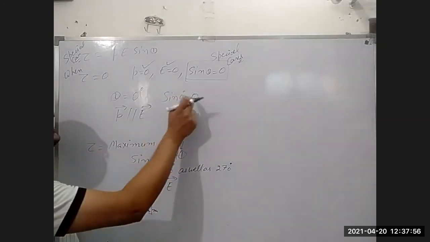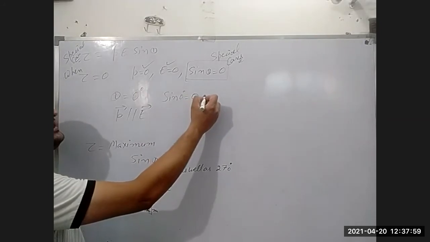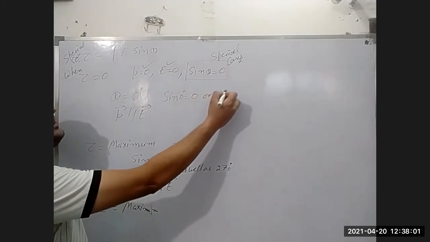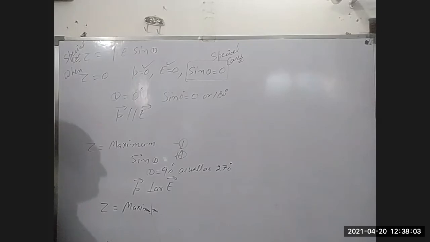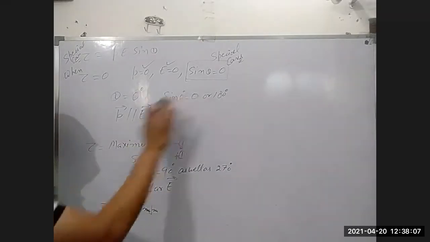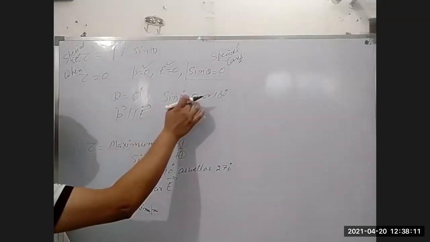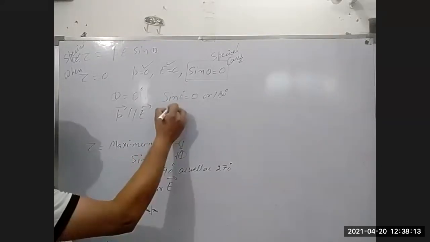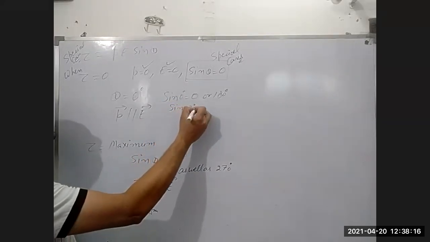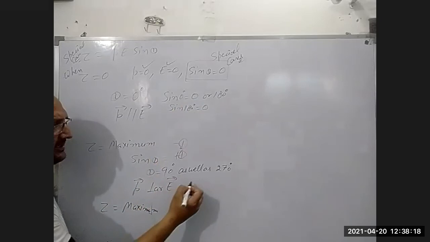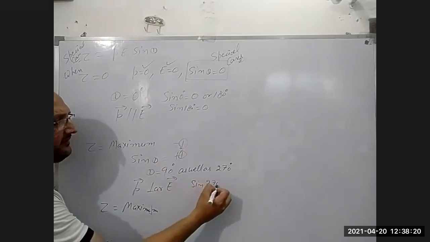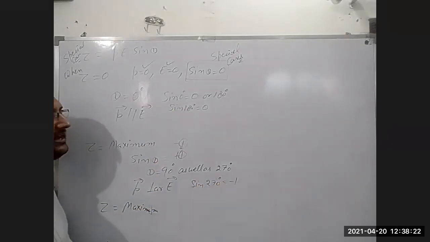In the case of 0 degrees, parallel, or 180 degrees, anti-parallel, both have the same meaning. The value of sin 180 degrees is also 0. Sin 270 has the value minus.